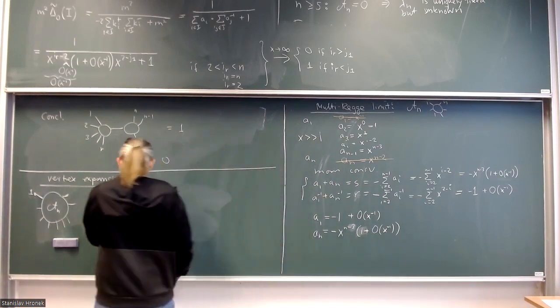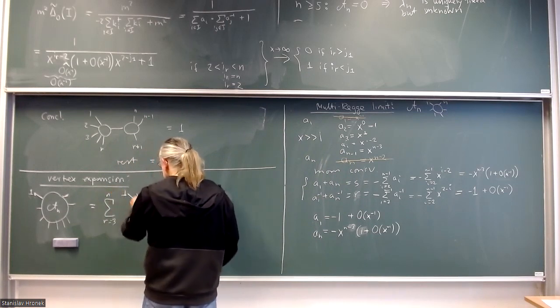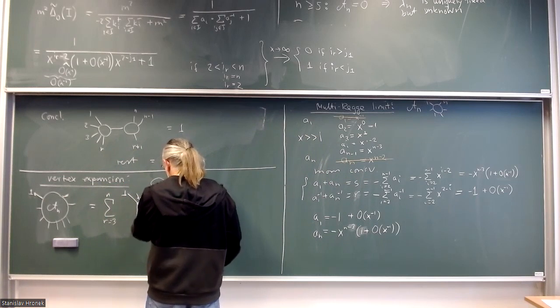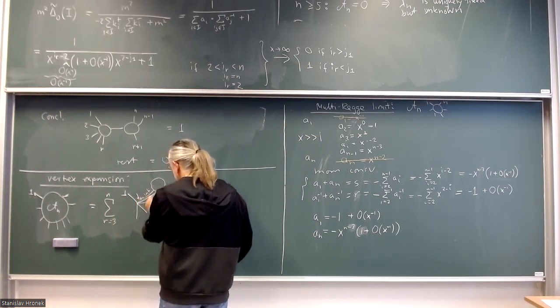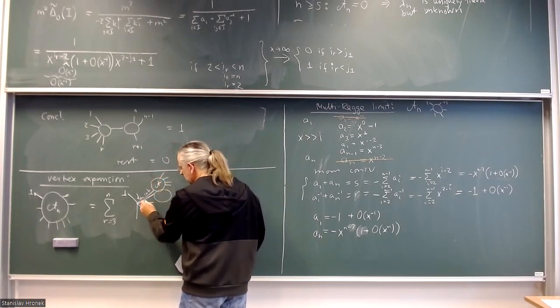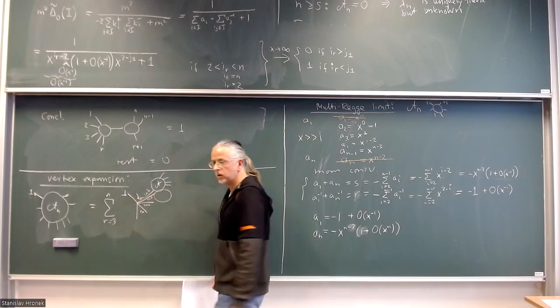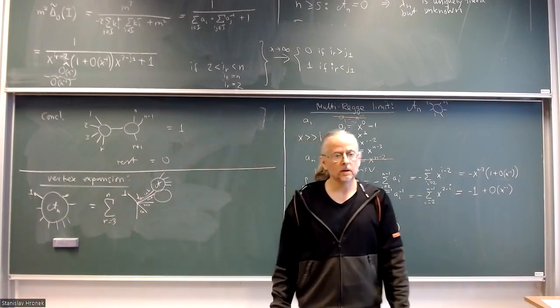So there is a vertex expansion, and you have to sum over all possibilities. So there will be some internal ones, and then there will be an A of whatever degree is needed for that, and then there will be an internal one, and then there might be an external one, and external, and you have to sum over all possibilities.